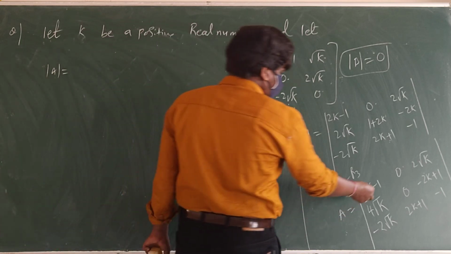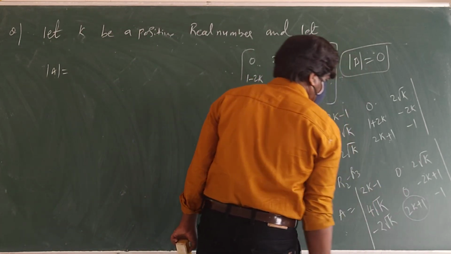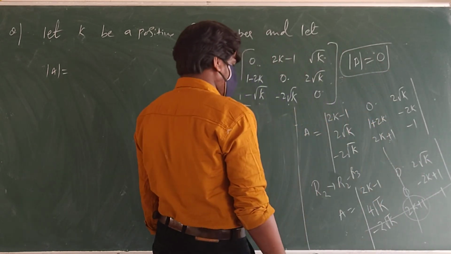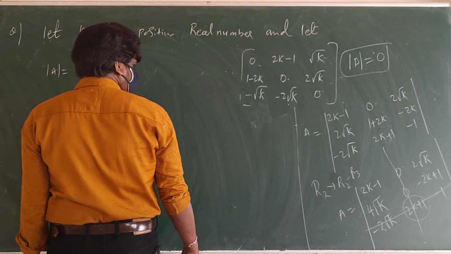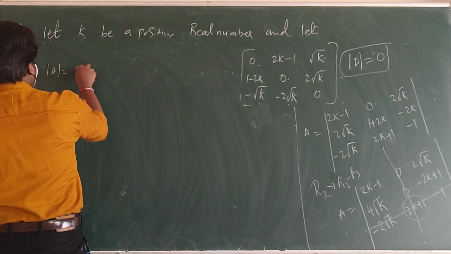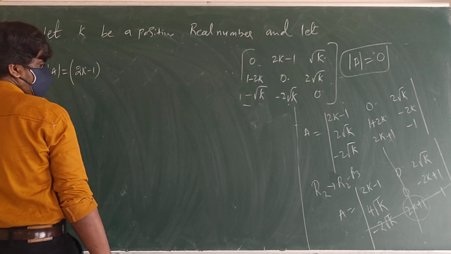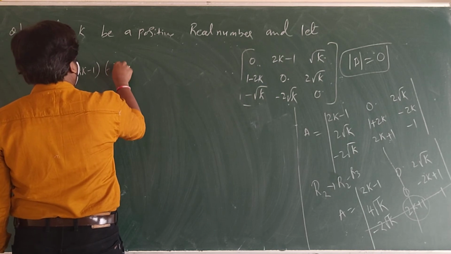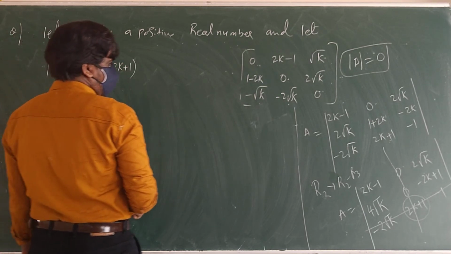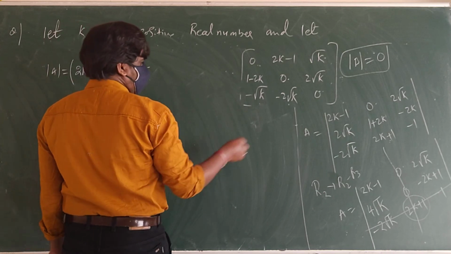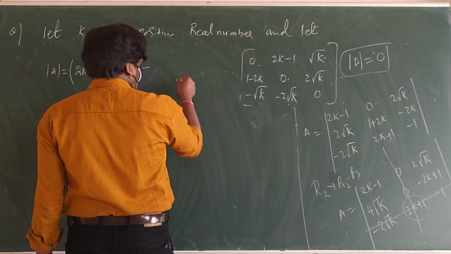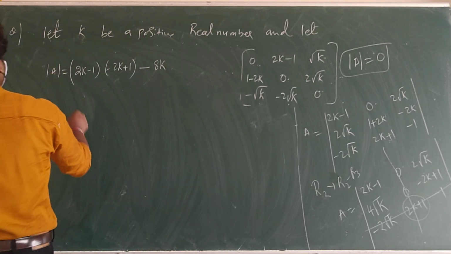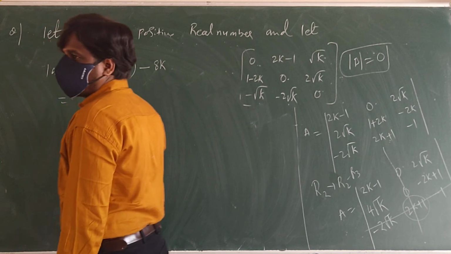2k minus 1, yeah this one. From this side if you are opening, this row and column gone. Okay, 2k minus 1 into minus 2k plus 1, minus 4 to 8, no? 8k, root k into root k is k, so what I am going to get, whole into 2k plus 1.